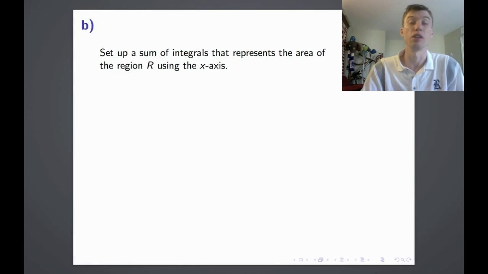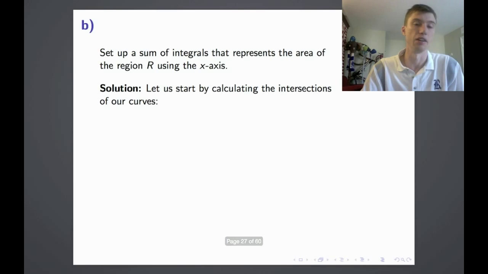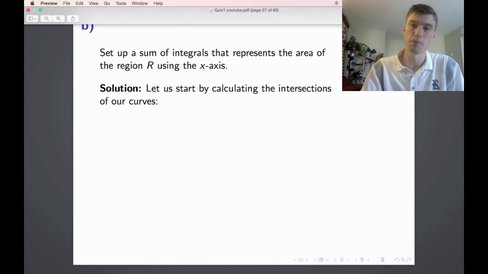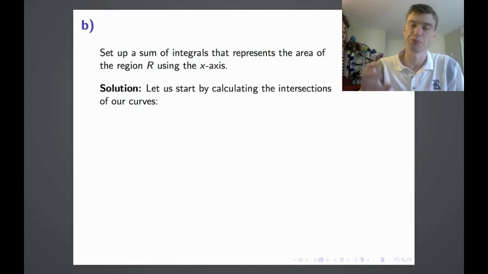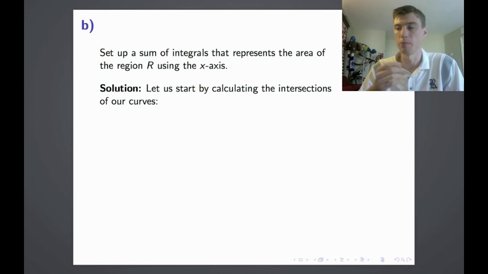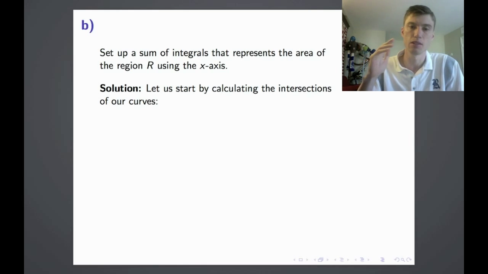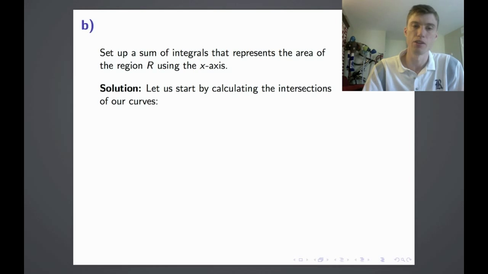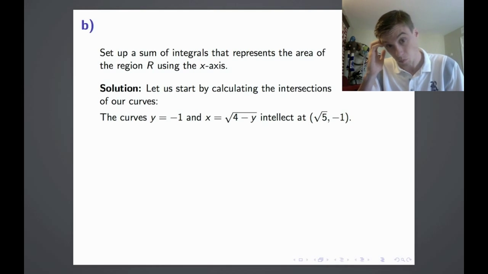Now we're going to set up the integral, or the sum of integrals, which represents the area of R using the x-axis for integration. This process may seem a little slow and indirect, but let's just start collecting little bits of information, like where these curves intersect each other. That's a good place to start to try to understand our bounds.